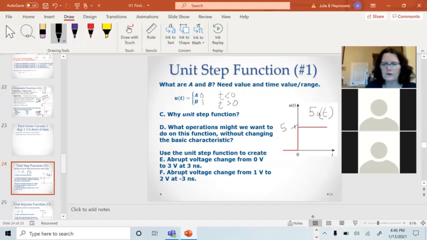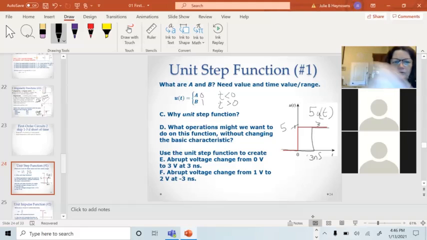Maybe I want to turn on my power supply at, instead of 0 seconds, I want something that goes like this, goes 0 to 3 at t equals 3 nanoseconds. I could write a function for that too.